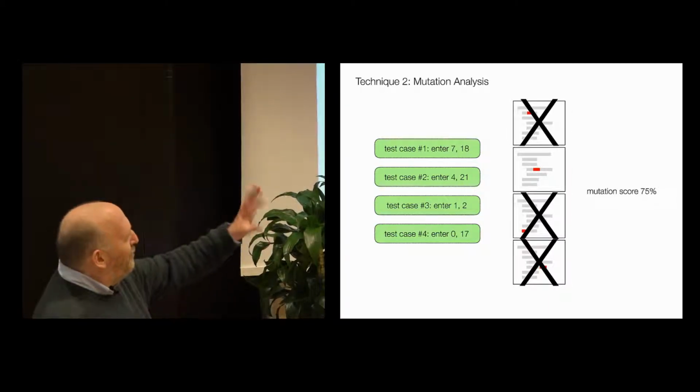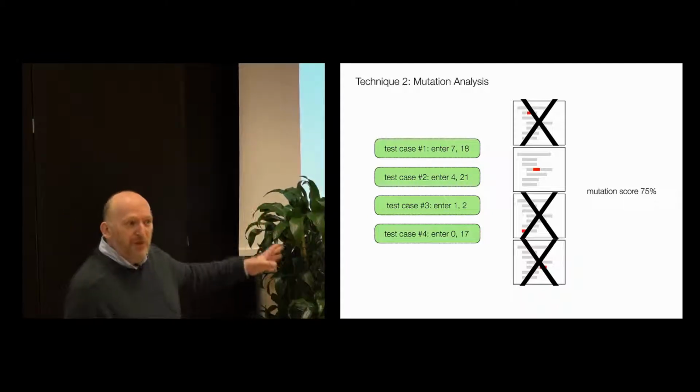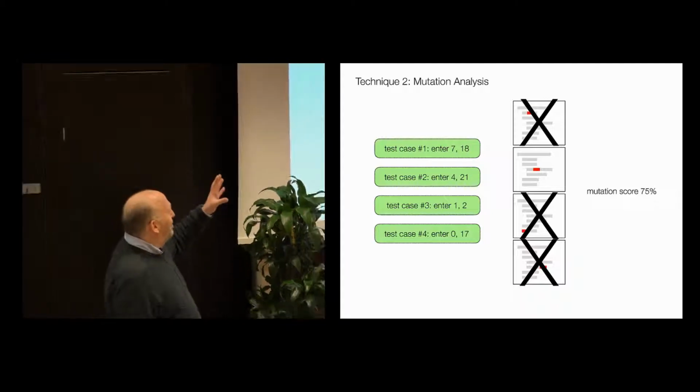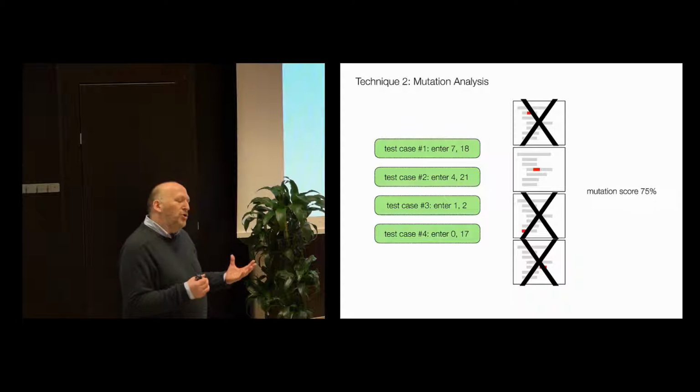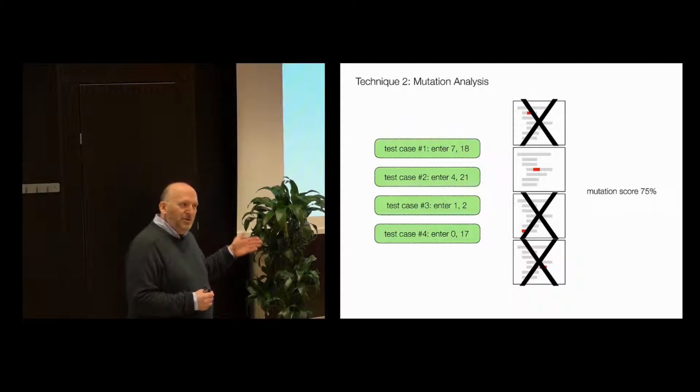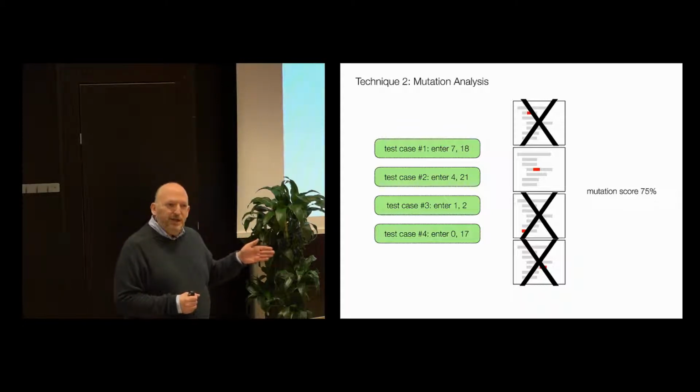Typically you have more than 4 mutants, perhaps hundreds of mutants, and a lot of the time test sets are bigger than 4 test cases. But the idea is that if you want some indication of how good your existing test sets are, or you want to compare two different techniques, this is one way you can do it, using mutation score. You might use something like coverage currently to assess how good your test sets are.